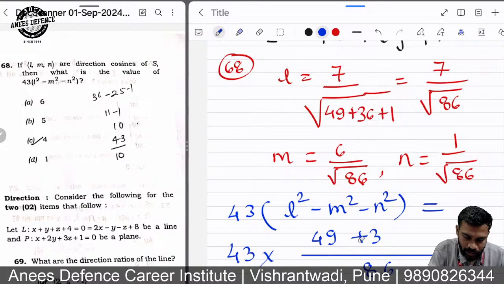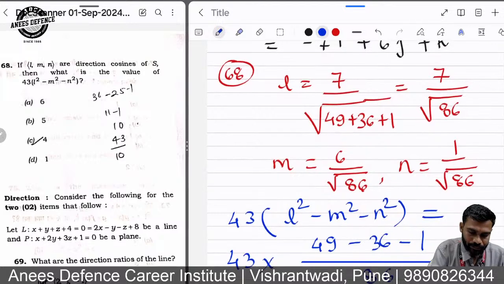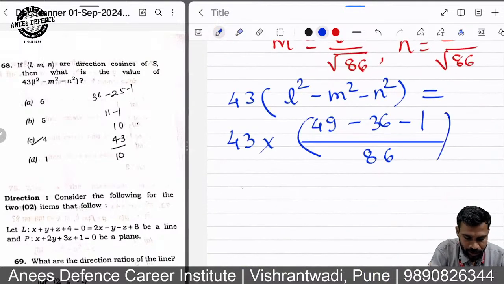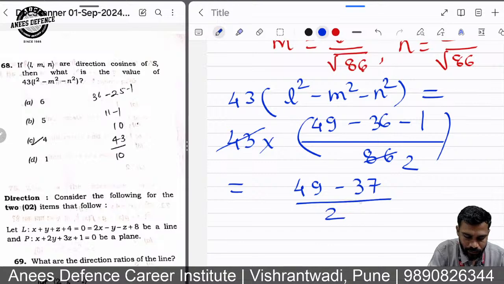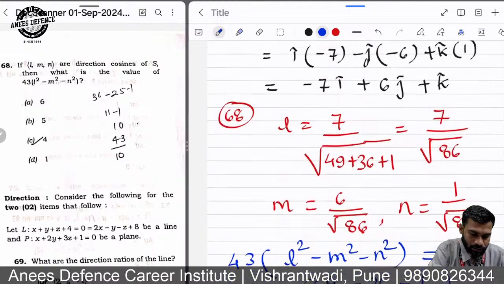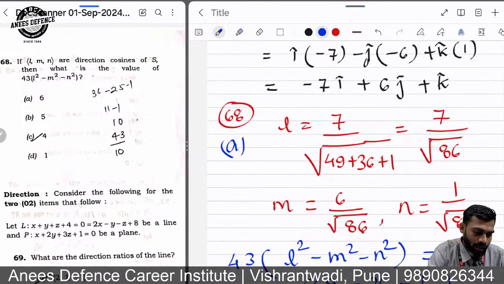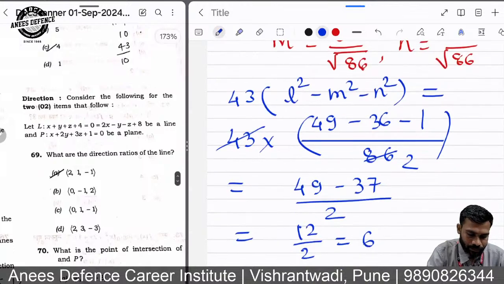Sorry, I have to write minus here, right? It's minus 36 and minus 1. Now, if you simplify this, you will be getting 43 into 2 is 86. You will be getting, see here, 49 minus 37 by 2. That will be equal to 12 by 2, that is 6. So A is the right answer. Okay, next. Question number 69.